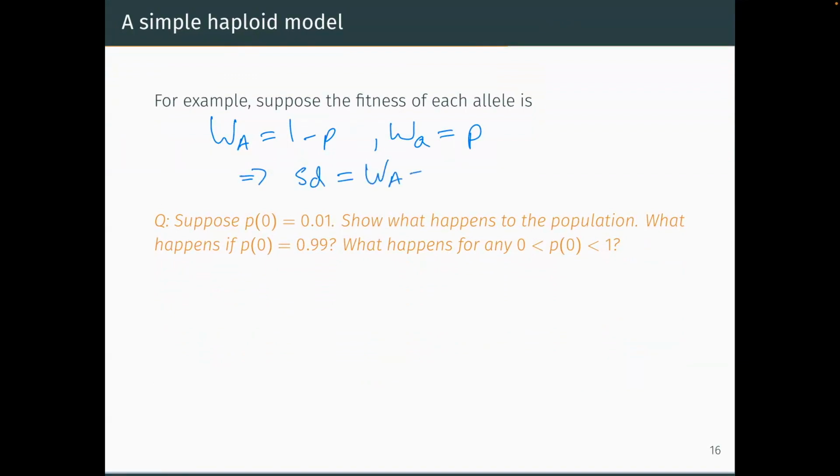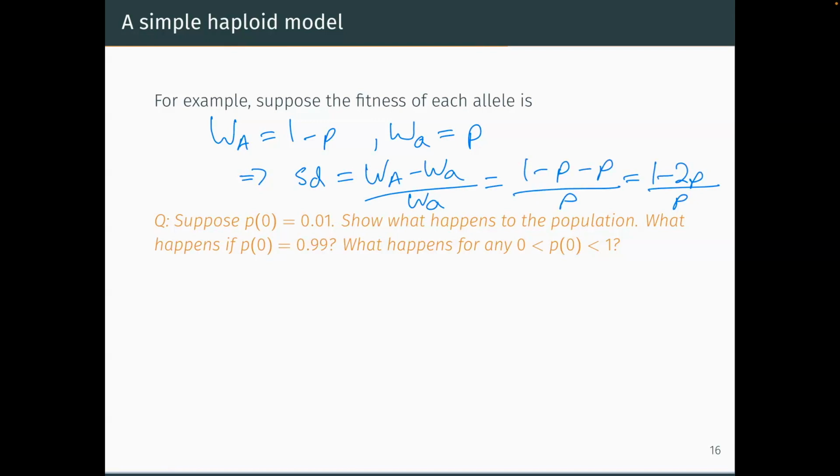I'll do this consistent with how I defined it previously. W sub A at the bottom. So we're going to have 1 minus P over P, which is just going to be (1 minus 2P) over P. That's my selection differential, selection coefficient.